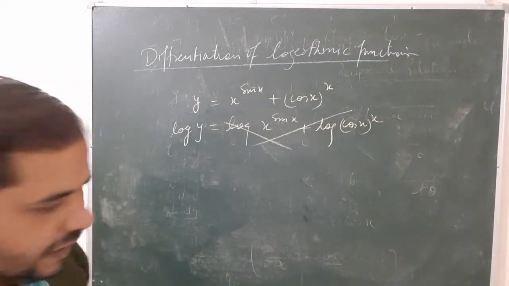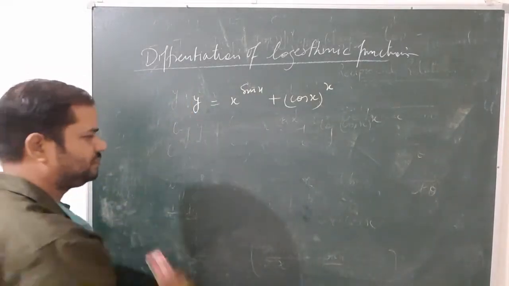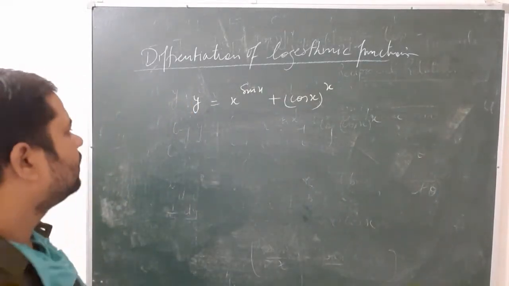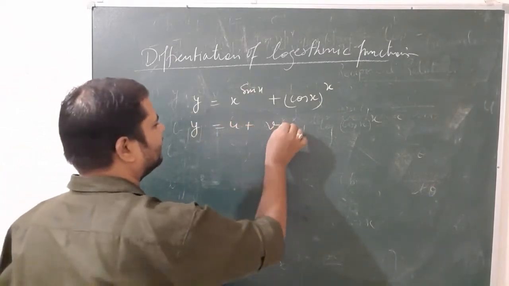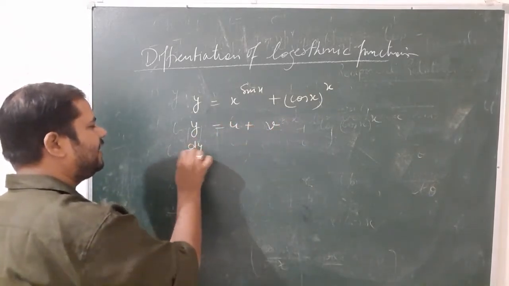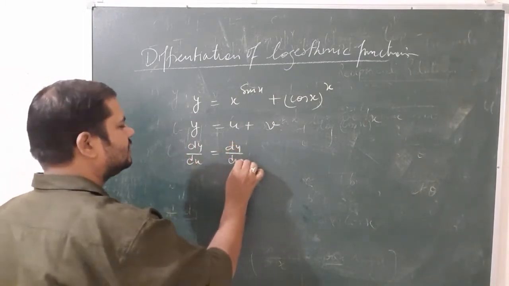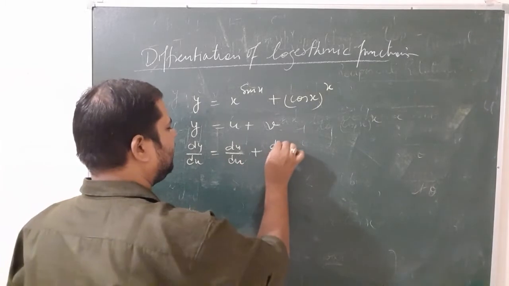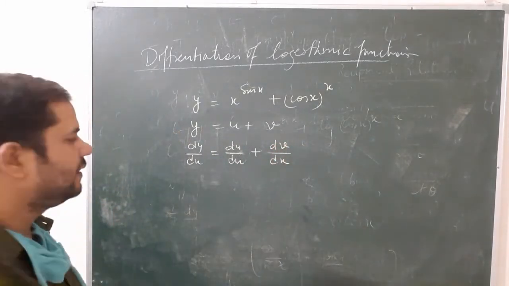So what we need here is to take this as u plus v, and then dy by dx is nothing but du by dx plus dv by dx. Okay.